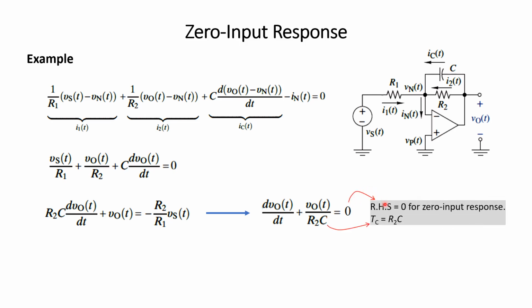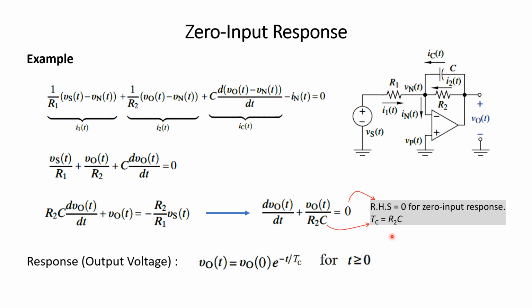And the right hand side being zero means this is the zero input response. While the coefficient of the d by dt term is unity, the reciprocal of the coefficient of the VO term will be the time constant.